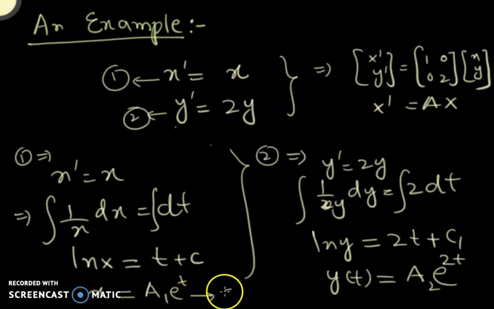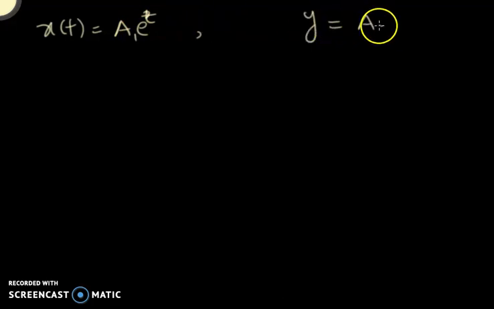Let's call this equation 3 and this equation 4. Now what I have got is x of t equals a1 e to the t and y of t equals a2 e to the 2t.